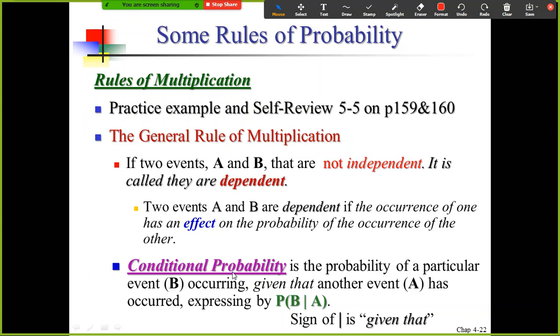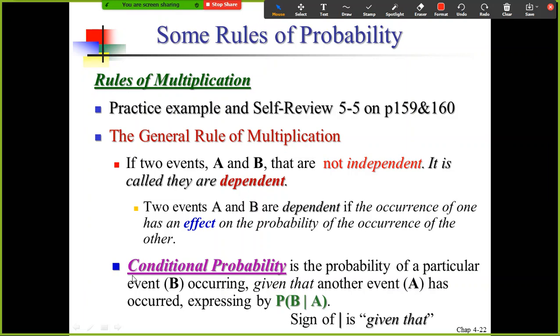However, in the previous video, when you want to study the general rule of addition, you need to study joint probability. So the general rule of addition needs joint probability, while the general rule of multiplication needs conditional probability.